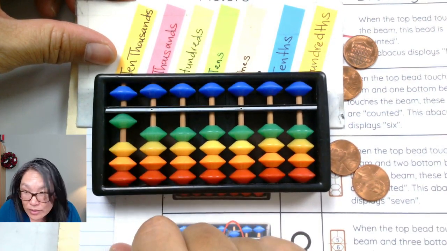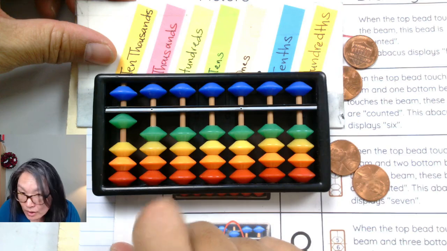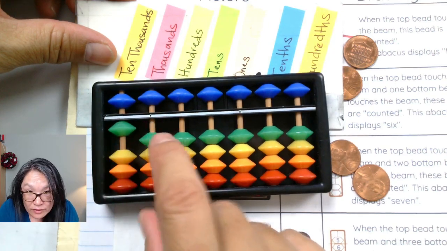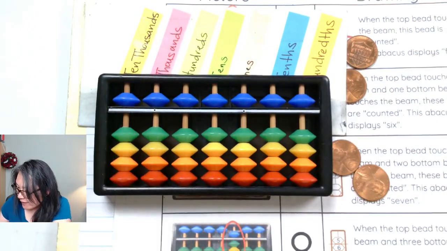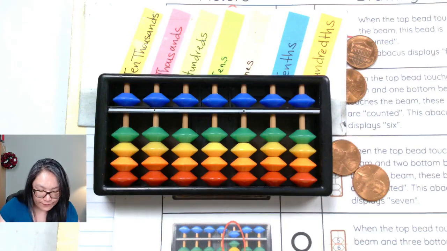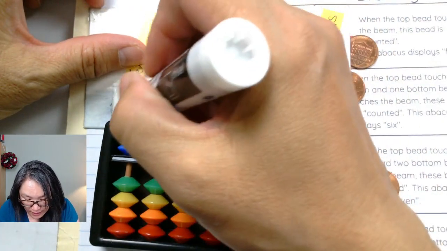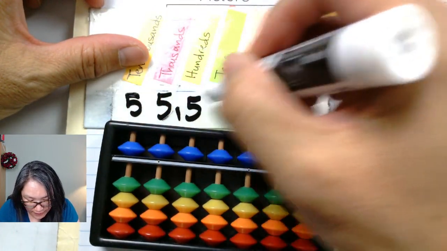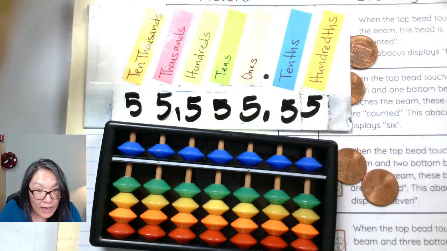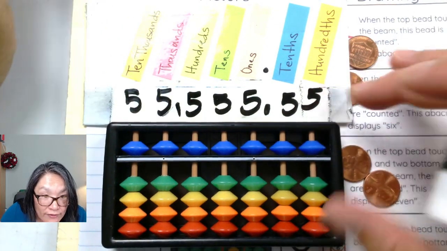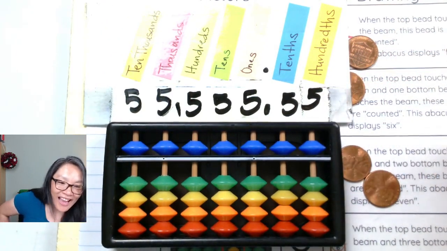This is 10,000. When we look, these are all place values, right? So if I did this, it would be 5,555,555. Woo, I feel like I'm in kindergarten. I love it.